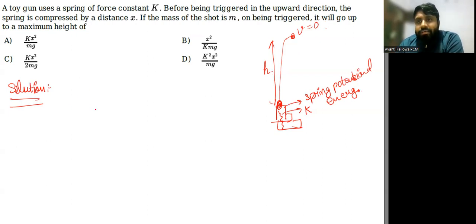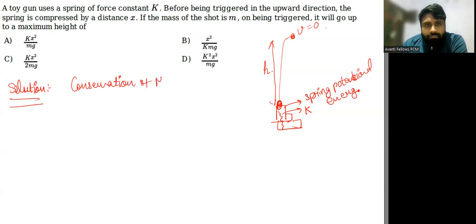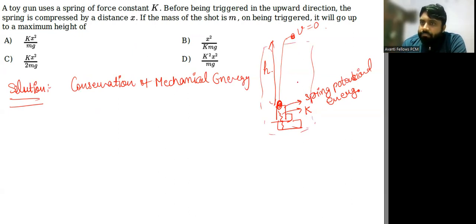So if you apply the conservation of mechanical energy here, then in this system, the gravity force will become internal force. Okay. So initial kinetic energy plus initial potential energy equals final kinetic energy plus final potential energy.